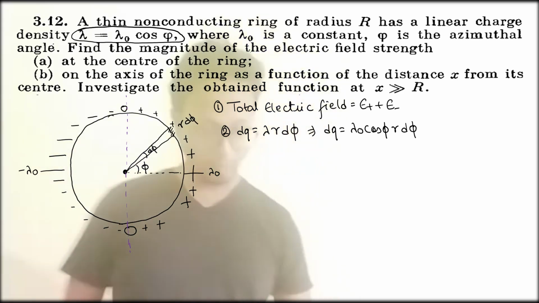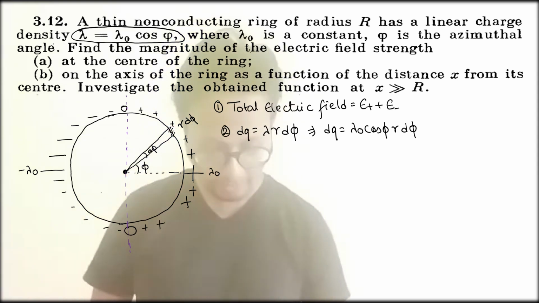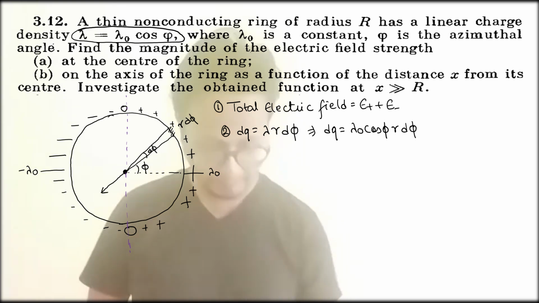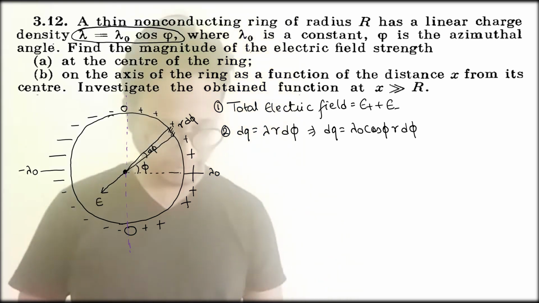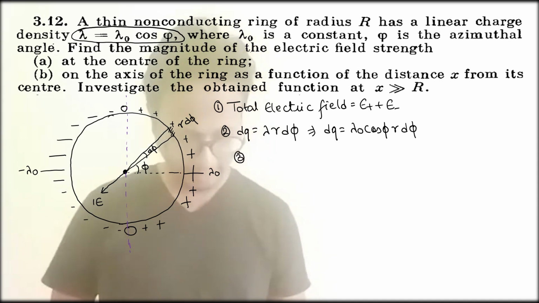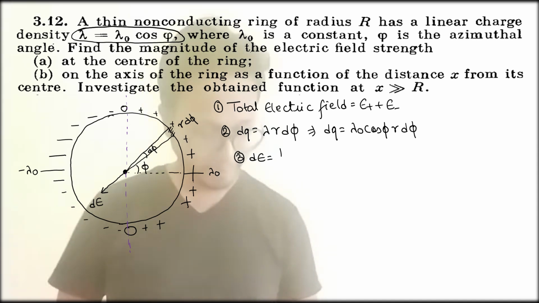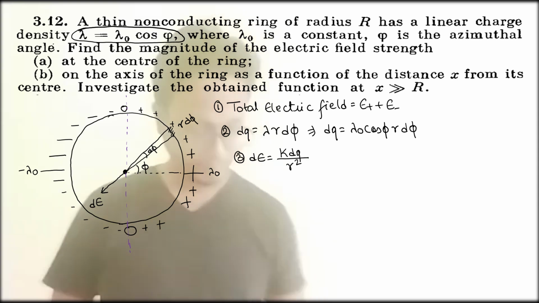The problem is, what is the electric field at this point due to this much part of the wire? The electric field at this point would be in this direction, isn't it? So the elemental electric field, let's not write E, let's write dE, is nothing but K dq by r square.